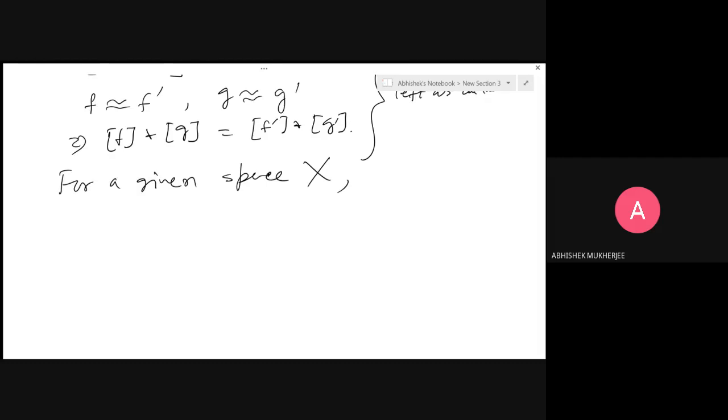And if it is so, then this relation will give you equivalence classes of paths. That is, for a given path f, you can construct a class comprising those paths which are homotopic to f. So this class consists of those paths in the space X which are homotopic to f.